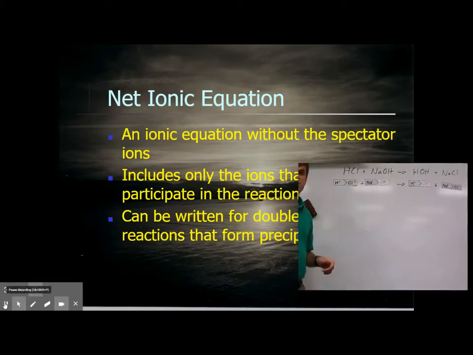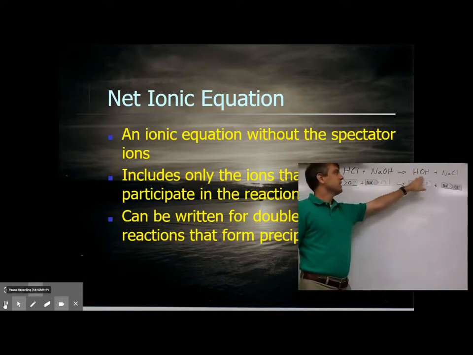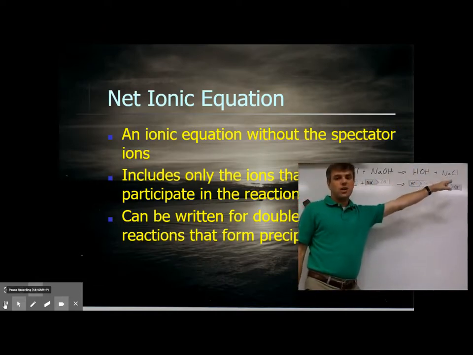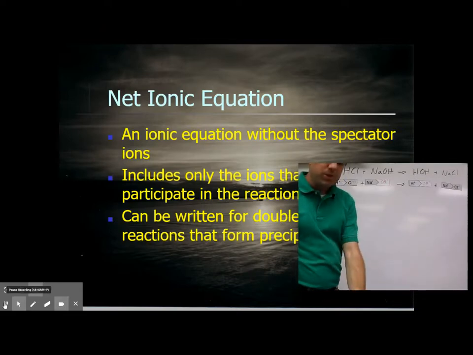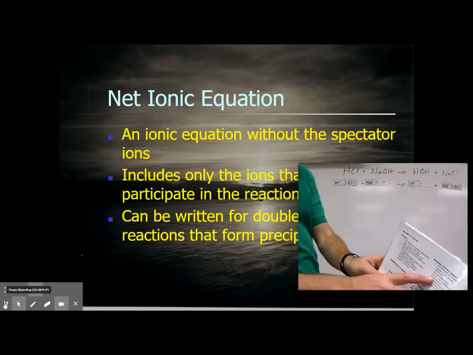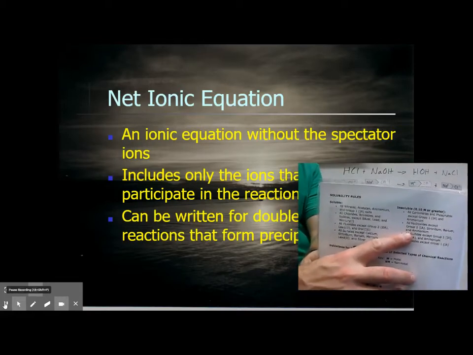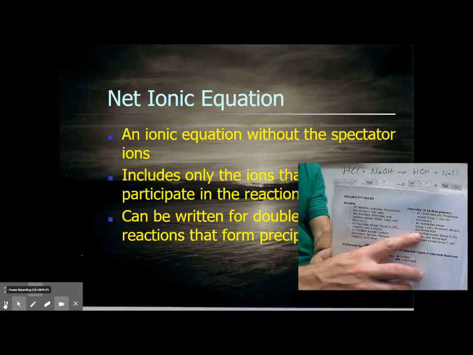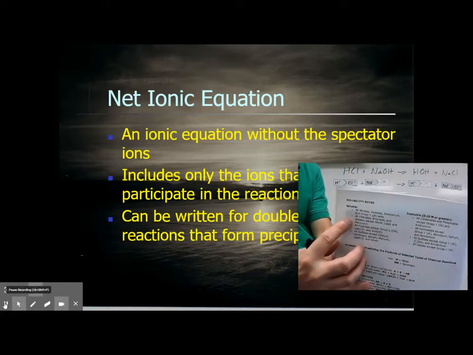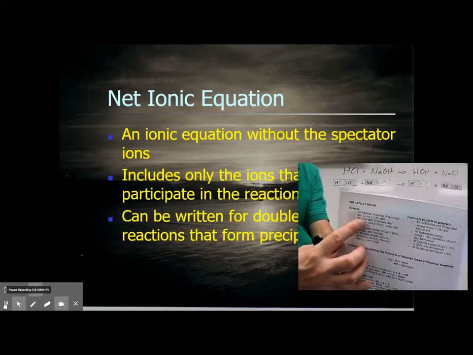All right, in this reaction, we have hydrogen chloride reacting with sodium hydroxide to make hydrogen hydroxide and sodium chloride. Well, if we check our solubility rules, it says all hydroxides are insoluble except for group 1, strontium, barium, and ammonium. And then we know that sodium chloride is soluble because it's in group 1.